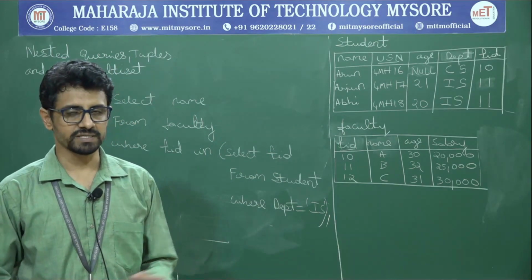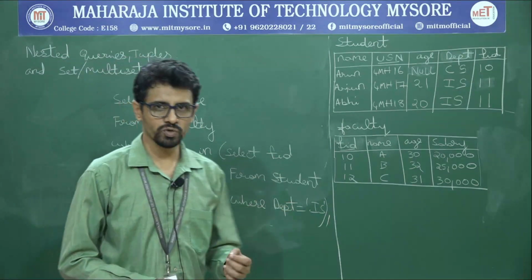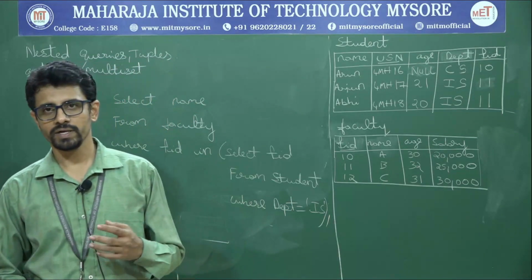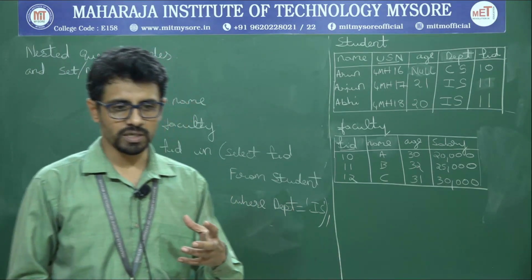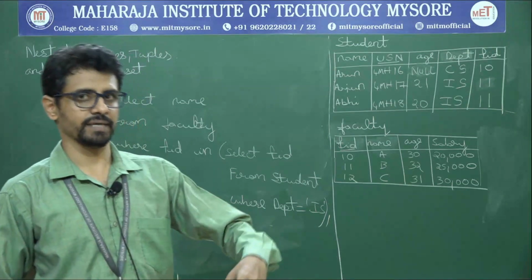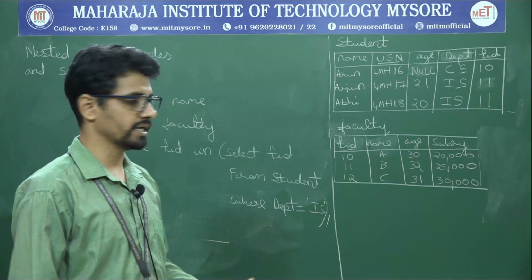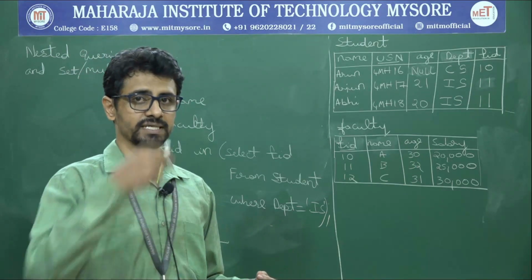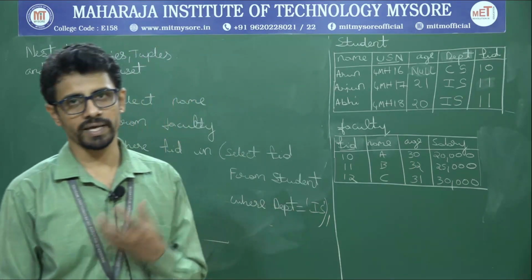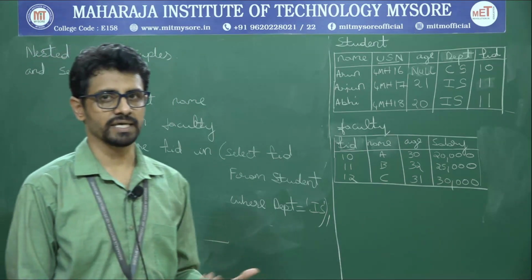Now how can I relate them? I can relate through FID. The output, the name of a faculty, is to be displayed from the faculty table, but the condition is to be checked in the student table, where department equals IS.